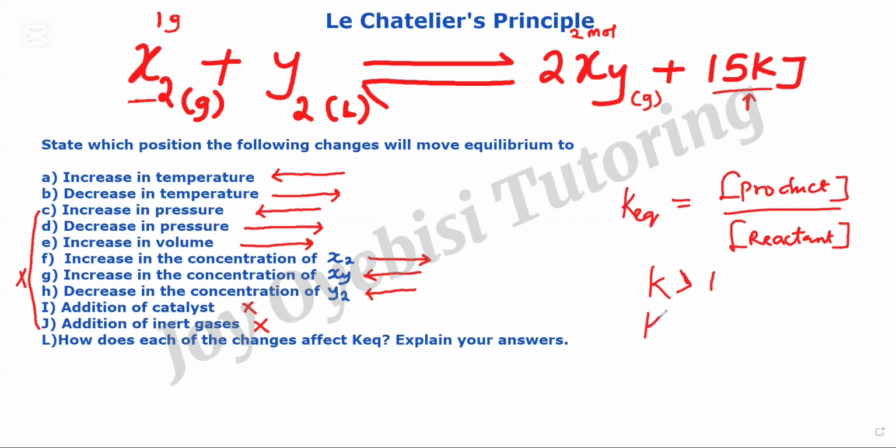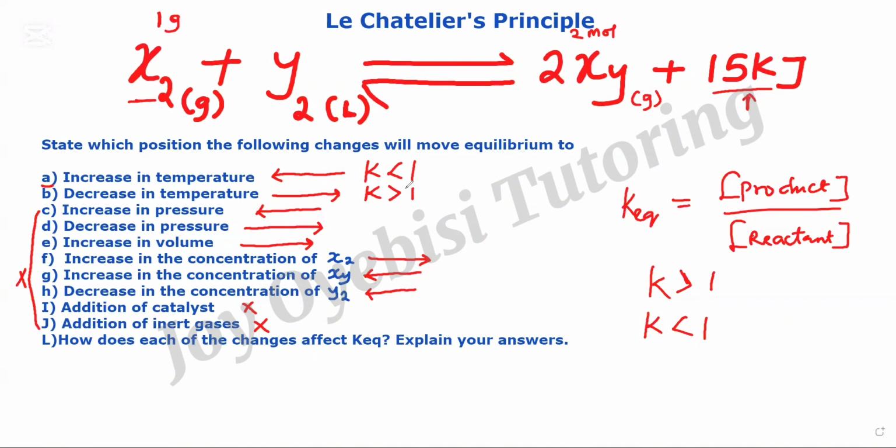When equilibrium favors the reactant, K is less than 1. So increase in temperature favored the reactant, which means that K is going to be less than 1. That's how that affects K. Decrease in temperature was favoring the product, which means K would be greater than 1. So that's how you answer that.